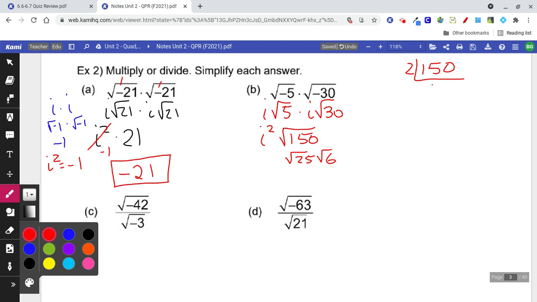150 divided by 2 is 75. 75 is divisible by 5. 75 divided by 5 is 15. 15 divided by 3 is 5. And so the product of primes is 2 times 3 times 5 squared. That's 150.